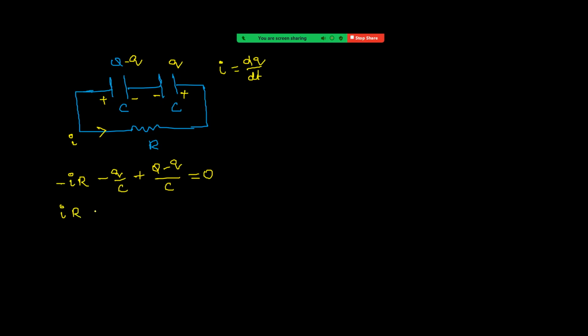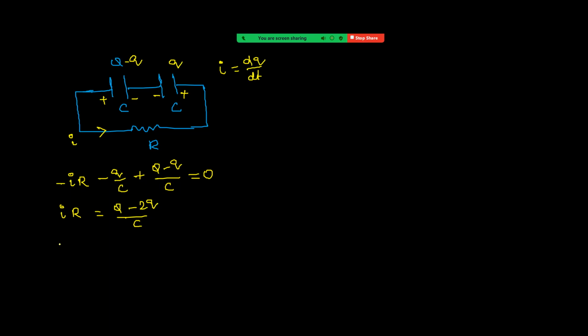IR is equal to, see here what we can write, IR equal to Q minus 2q upon C. Check it once. IR equal to minus q by C minus q by C plus Q by C, which gives Q minus 2q by C. So IR equal to Q minus 2q by C.